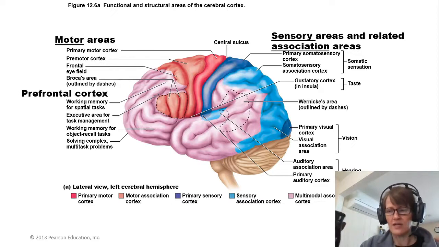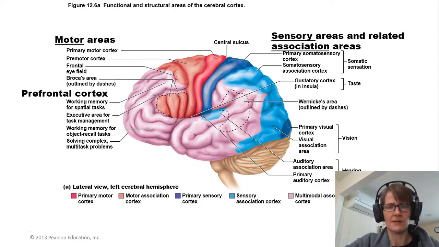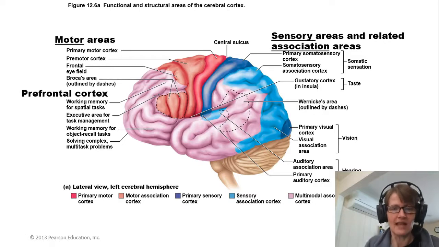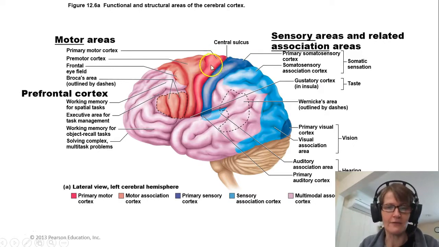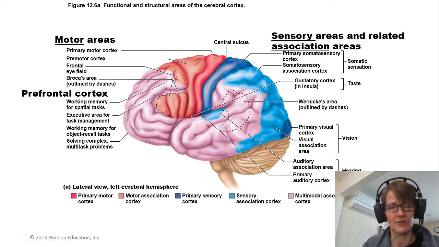But although I'm consciously thinking of doing that, I'm not consciously thinking of how much I need to use my deltoid muscle and how much I need to use which muscles in which fingers and all of that. But the premotor cortex is actually doing all of that connecting for me to then be able to go back and fire the correct muscles to do the movement I think I need to do.